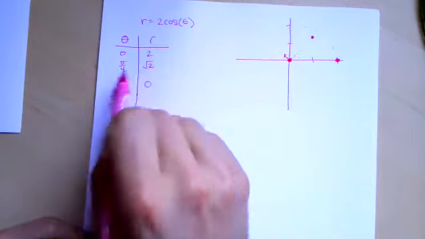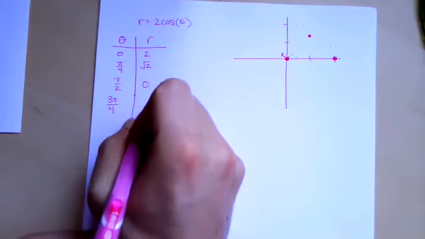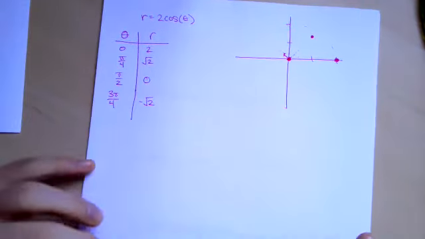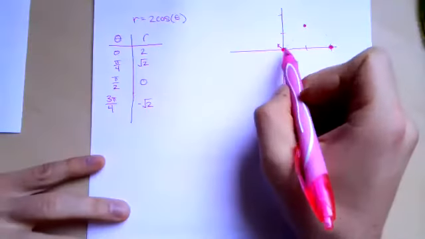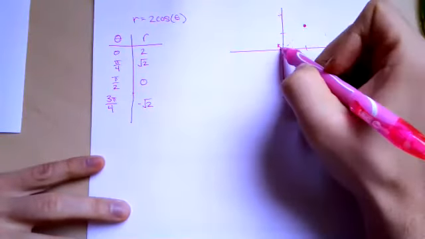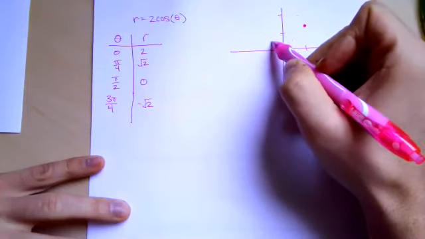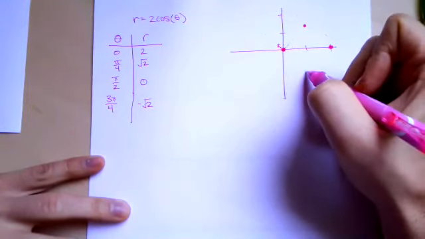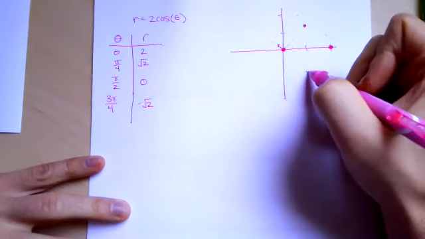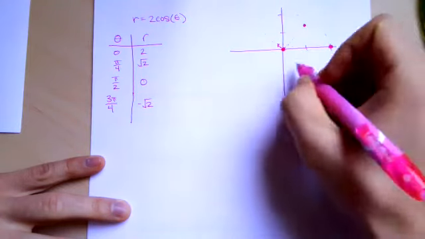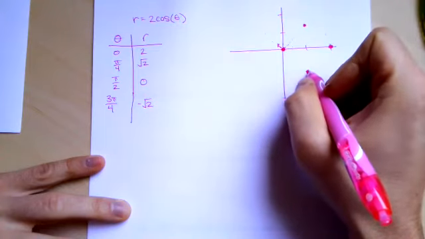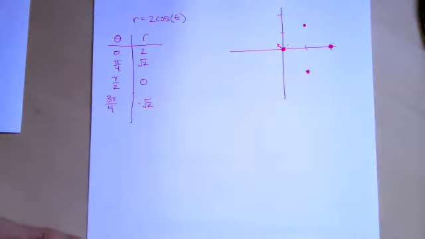My reference angle is still pi over 4, but because of that negative, we get negative square root of 2. This is where it gets a little funky, because now we've got these negative r values. I'm pointing in the direction of 3 pi over 4, but now I have a negative radius, so I'm going backwards along that line. We go a negative square root of 2, and so we'll be about there.